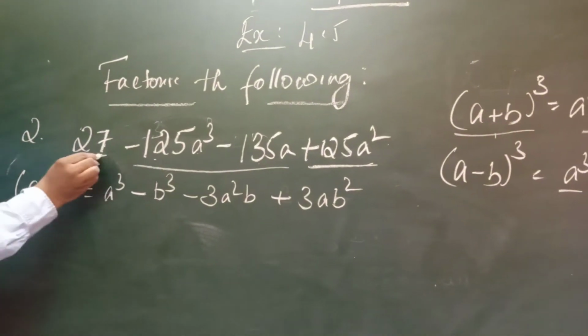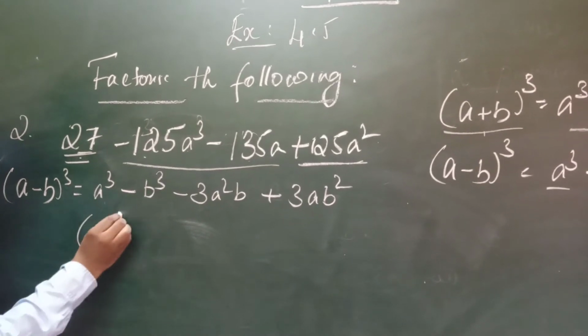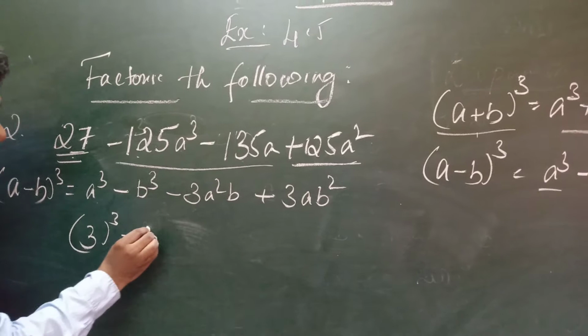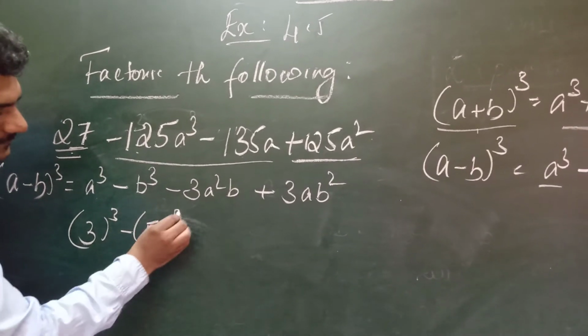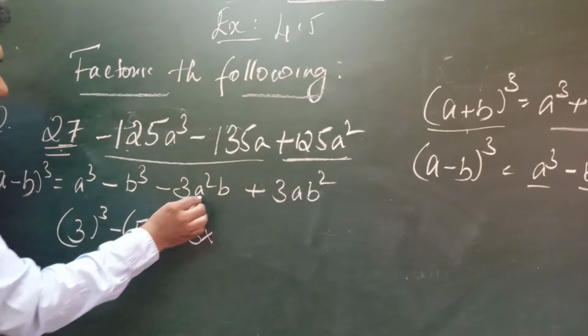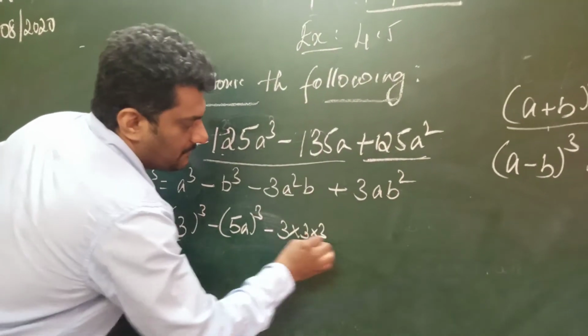Now this term you have to write it in this form, which is 3 to the power of 3 minus 5a to the power of 3 minus 3 multiply, what is the value of a? It's 3. 3 into 3.